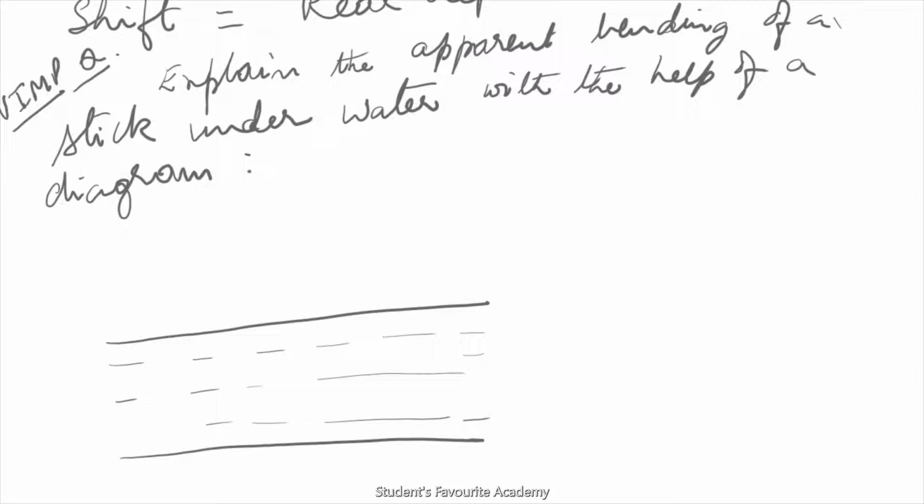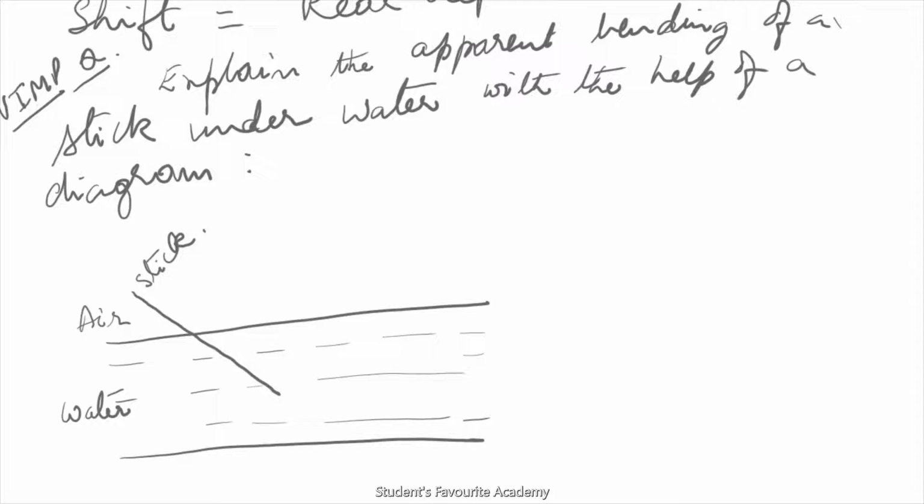Now above the water you have air, and this is the denser medium, that is water. Now suppose a stick is kept in this water like this. Suppose this is the stick which is kept.